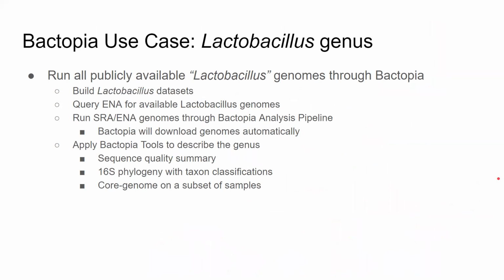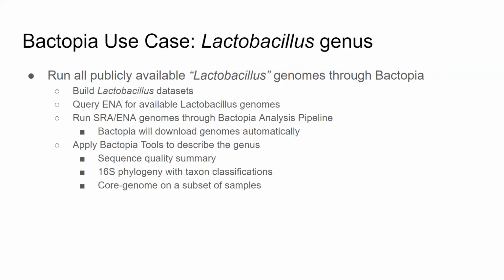So to present a use case, we're working on some vaginal microbiome studies, so we decided, let's take a look at the whole Lactobacillus genus and run them through Bactopia. So we'll run all available Lactobacillus genomes through Bactopia. This will demonstrate how to build Lactobacillus data sets, and the use of querying ENA for available Lactobacillus genomes.